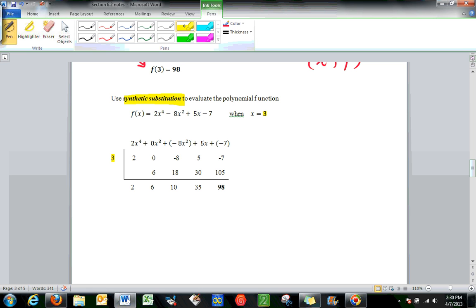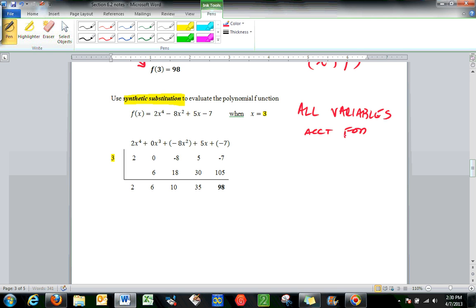First and foremost, in order to do synthetic substitution, all variables must be accounted for. And what do I mean by that? Well, notice here that x to the third is not in the original polynomial function, but we need that 0 that goes with x to the third to make synthetic substitution work.